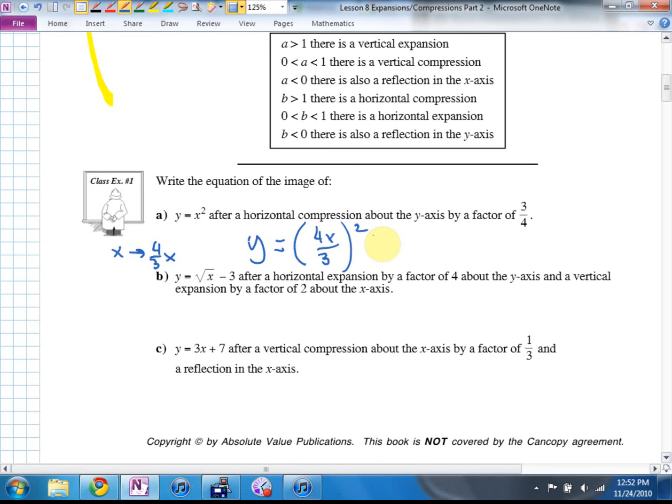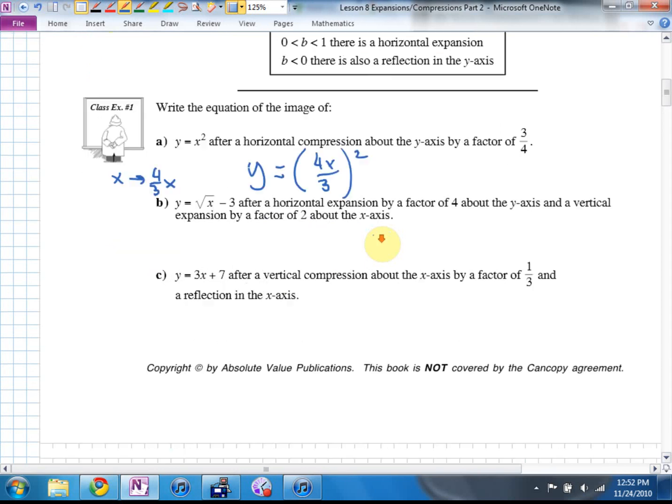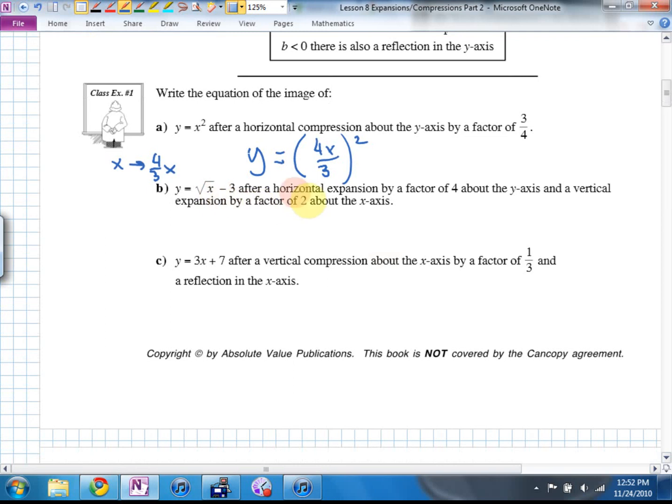Write this equation after a horizontal expansion by a factor of 4, horizontal, x, replace with expansion by a factor of 4. What did we replace the x with then to get an expansion by a factor of 4? 1/4 x, or x over 4 if you wanted to write it that way. And vertical expansion by a factor of 2.